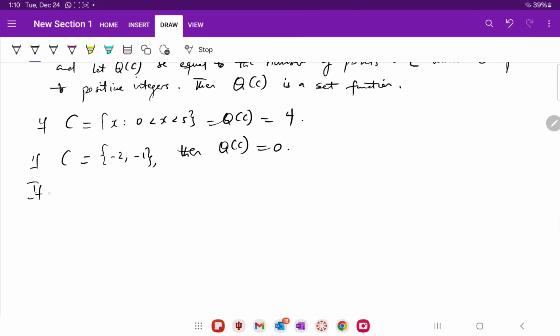Then if C is the set of x such that 0 is less than x is less than 6, the function applied to this gives 5 points, between 1, 2, 3, 4, 5.